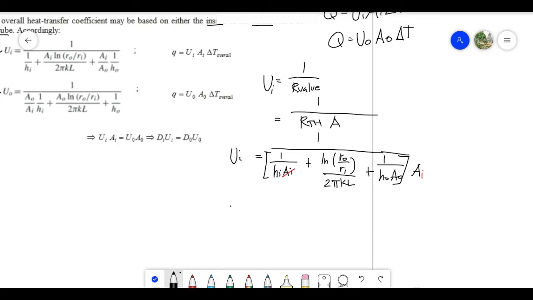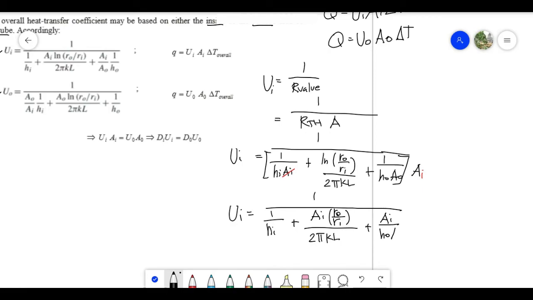So, magiging final equation natin pag overall heat transfer based on the inside area is 1 over HI plus AI, inside area, times RO over RI divided by 2 pi KL plus AI over HO AO.